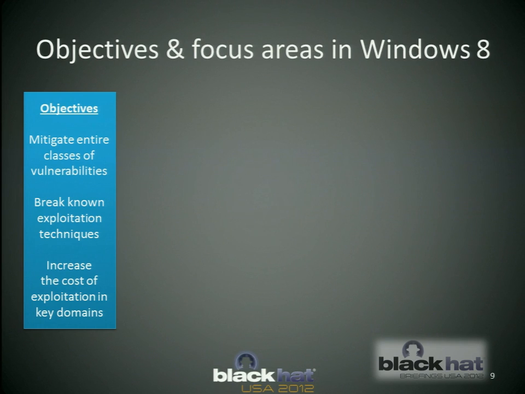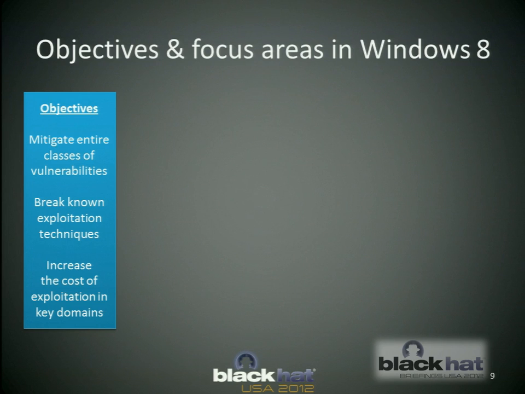So for Windows 8, we had three high-level objectives that we wanted to go after for improving exploit mitigations. The first was we want to do everything we can to mitigate entire classes of vulnerabilities. If we have a mitigation that's 100% effective for a particular class of vulnerability, then that vulnerability can no longer be used to elevate privileges. It's a denial of service at best.